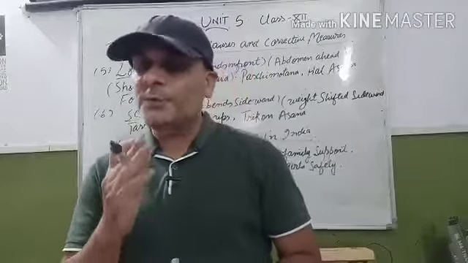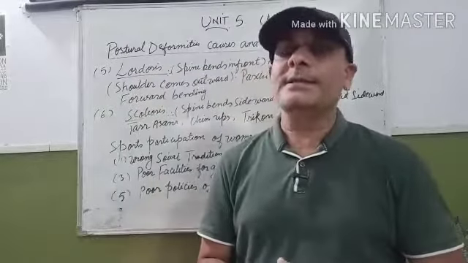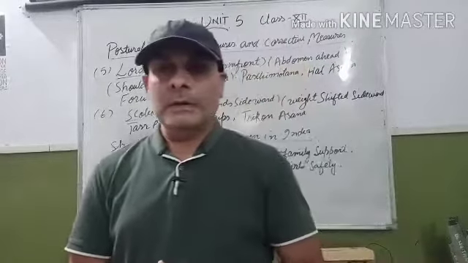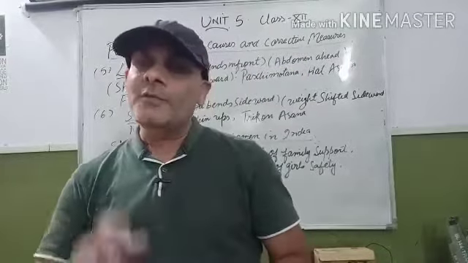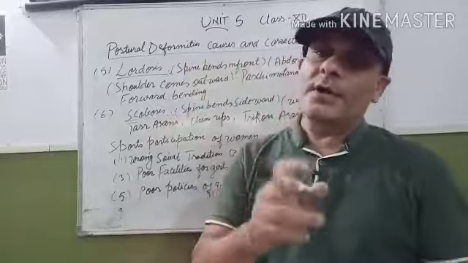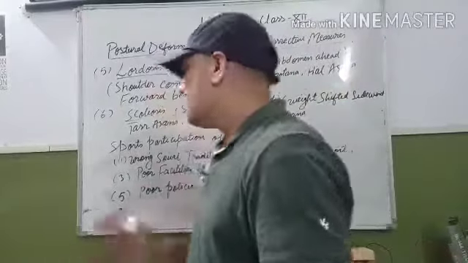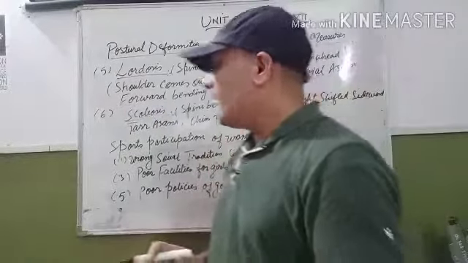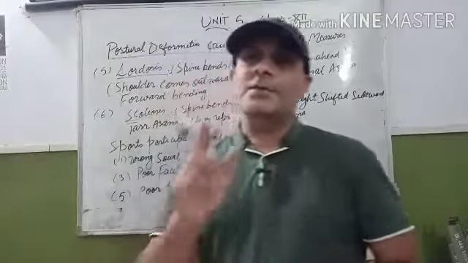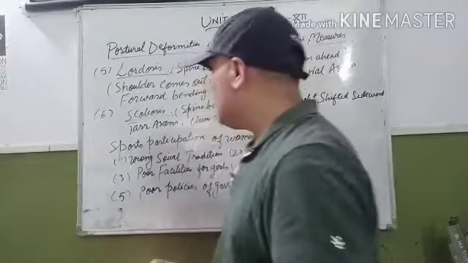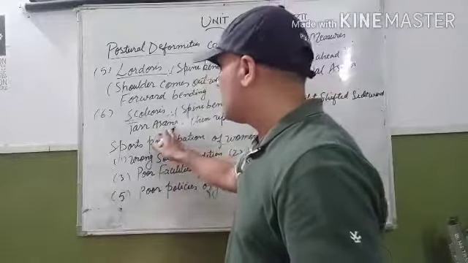Your heels should be raised and hands should be raised, while looking up. That is the position of Tadasana. You have to do this at least 15 to 20 times, twice a day, and hold this position for at least 20 to 30 seconds. Then definitely it will improve this deformity, that is scoliosis.